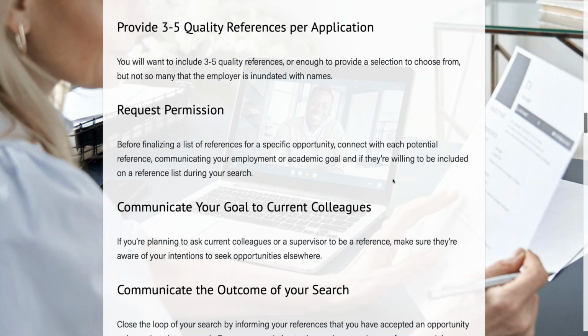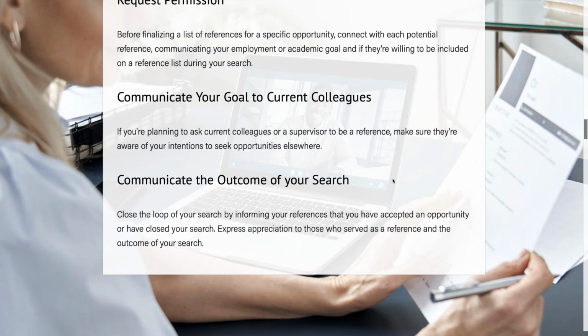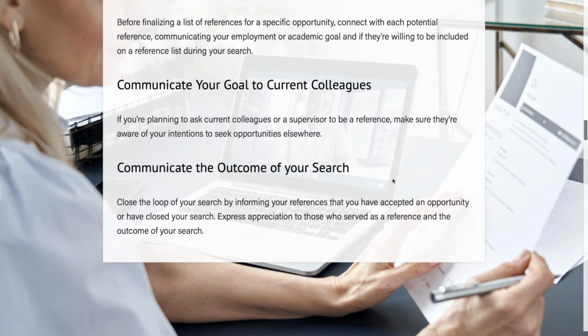Thinking about what that goal is going to be is key so that your references know exactly what your goal is for advancement and how they can help support you if they agree to serve as references through this hiring process. One thing that is extremely important when moving through a hiring process is to communicate the outcome of your search to those who have agreed to serve as references as part of this job search strategy that you've developed.